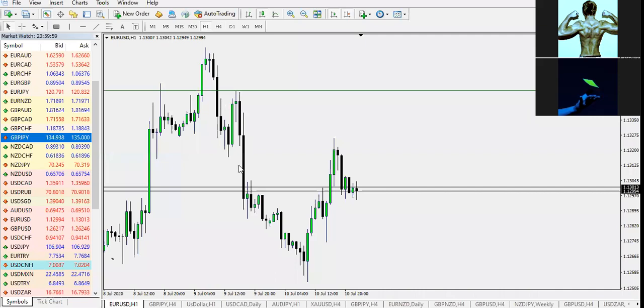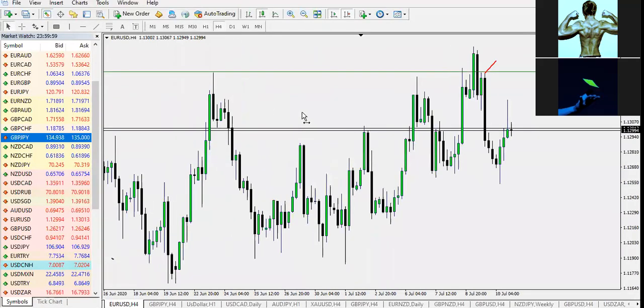Okay, so if you have a directional bias on whatever you're trading, okay? As an example, I had a sell limit set at this area over here. On that area of price, I had a sell limit set, and my directional bias was for when price cleared these highs over here.